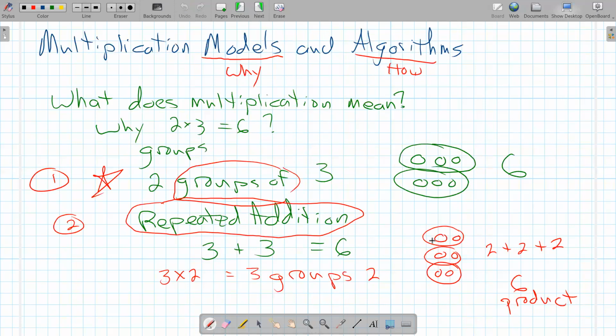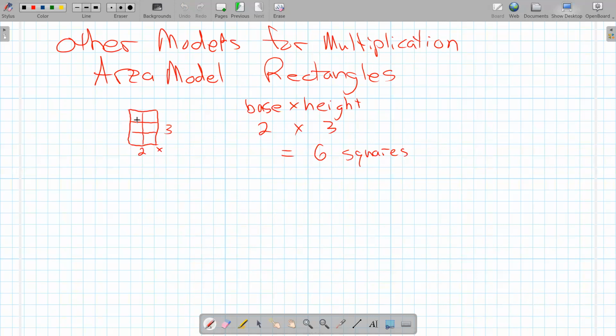But in this picture here, my groups of picture, those could be people or coins. That's a little bit different than an area, which I think about like something I would paint. Right? So I could paint that. Use my highlighter to paint it. And so if this was square feet, I would have 6 square feet to paint, right? So that's the area model for multiplication.